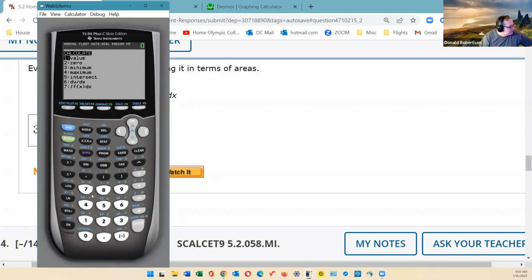Second calc, number 7. Can you see how you can use this to check your homework? Lower limit 0, upper limit 3. We better see 9 at the end of this, or we spent 15 minutes doing nothing. Hey, are we good or are we good?